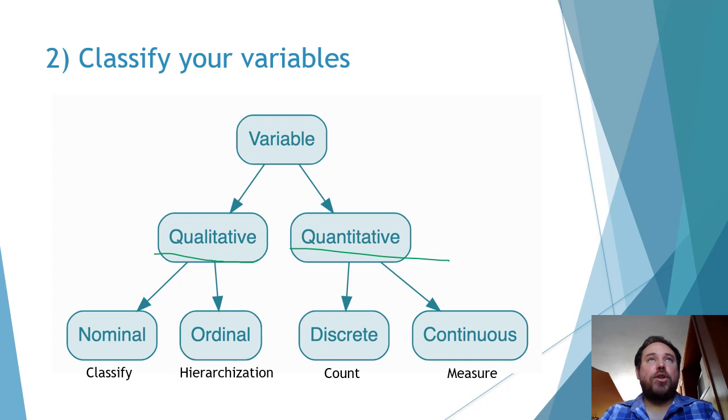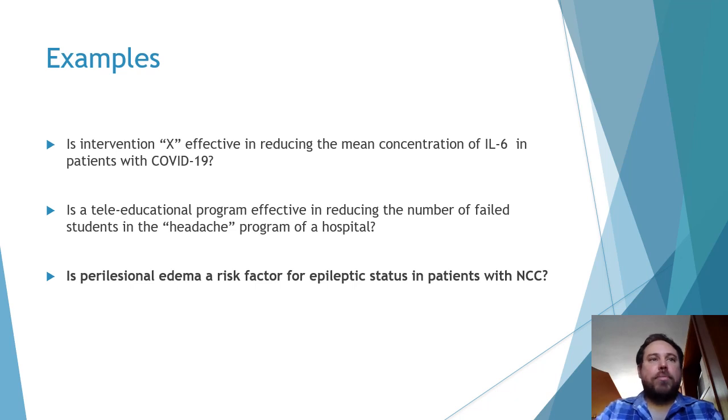Discrete, or counting, can be used for the number of cars that go over this road in an hour: 1, 2, 3, 4, 5. And continuous, used for measure, can be, for instance, weight in kilograms, or meters or miles.